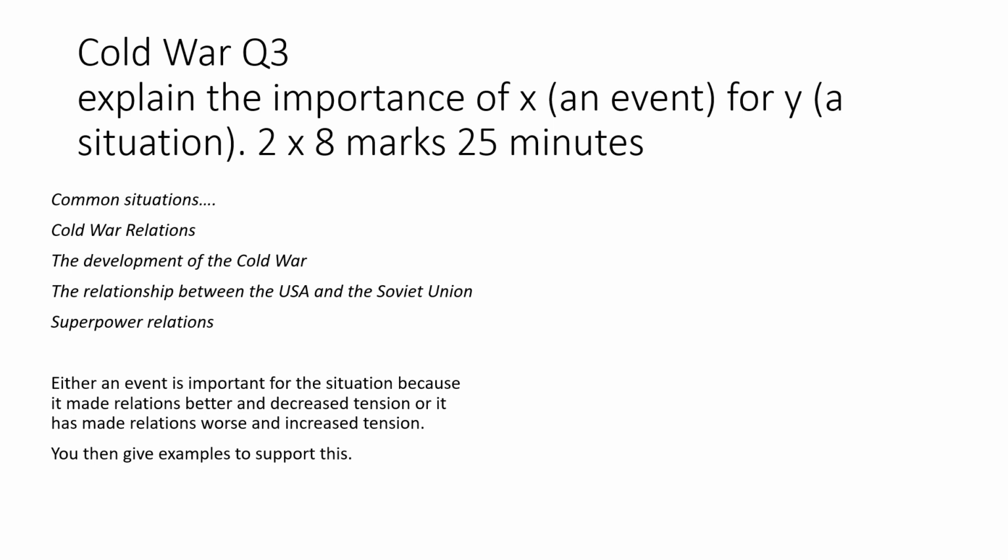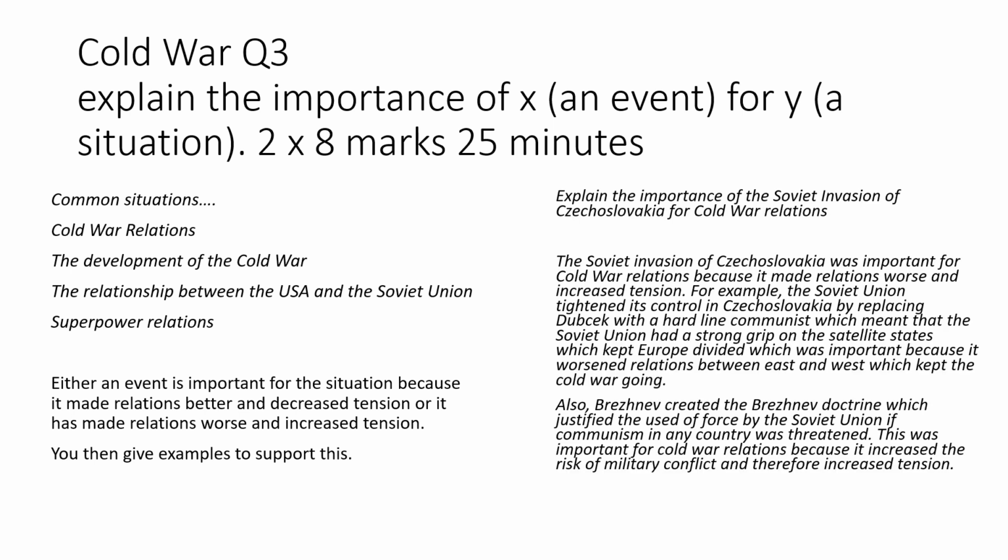So common situations that you'll be asked about is explain the importance of an event for Cold War relations, or explain the importance of an event for the development of the Cold War, or explain the importance of an event for the relationship between the USA and the Soviet Union, or explain the importance of an event for superpower relations. All of those statements really mean the same thing. It means, how does an event change the Cold War, or how does an event change relationships?